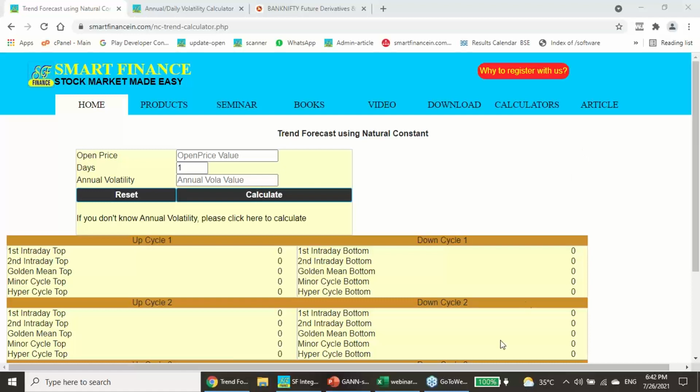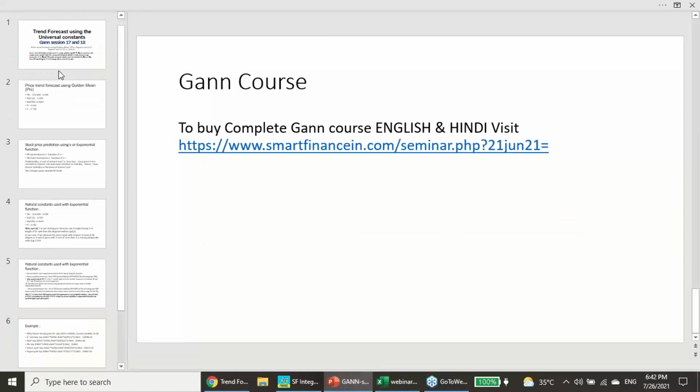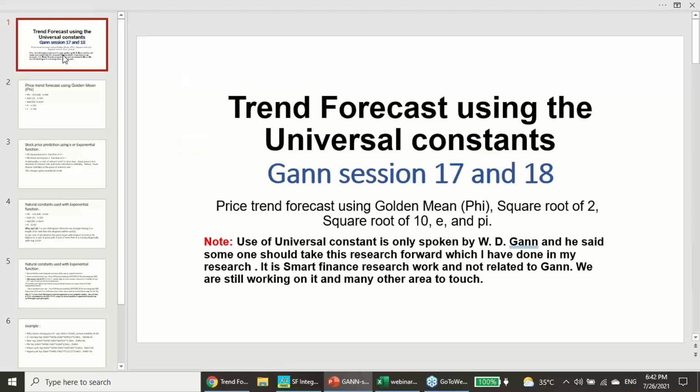This is one of our 2021 innovations. However, the clues for this innovation were contributed by W.D. Gann, and we first brought this method into the public domain in our last program, taken in the 17th and 18th sessions of the one-month Gann program.